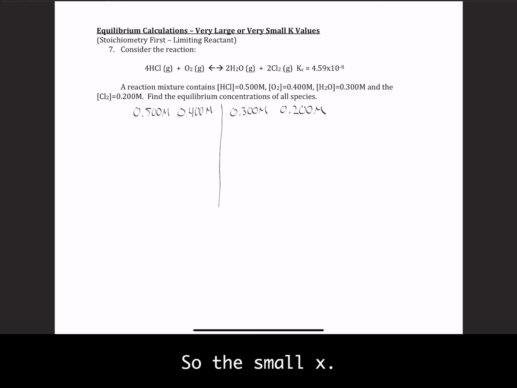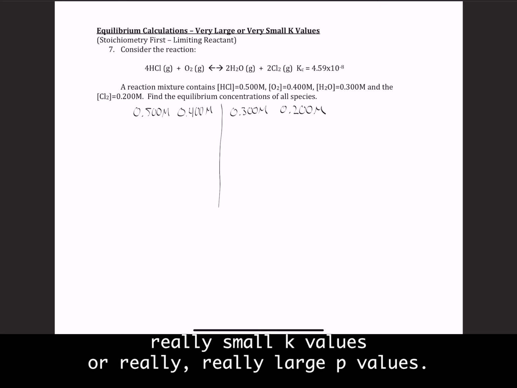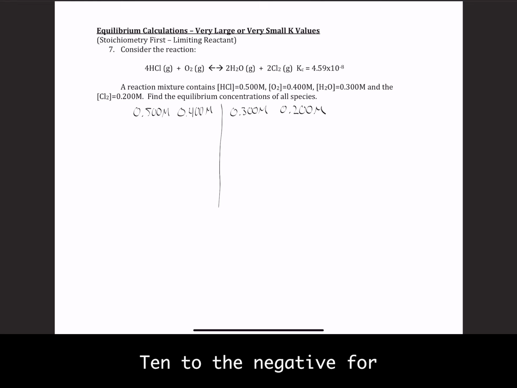so the small x approximation works the best when you have really, really small k values or really, really large k values. So our last problem was like 10 to the negative 4. Now we're at 10 to the negative 8. That's not half as much.